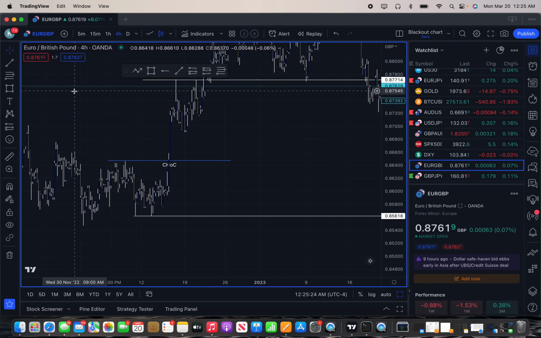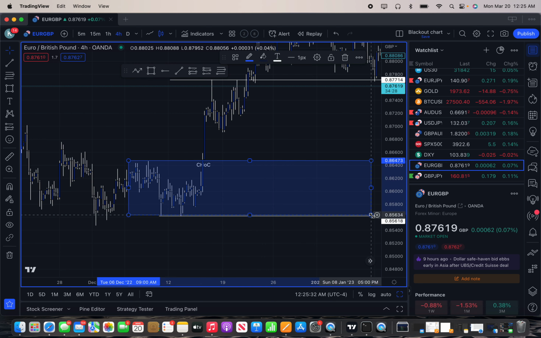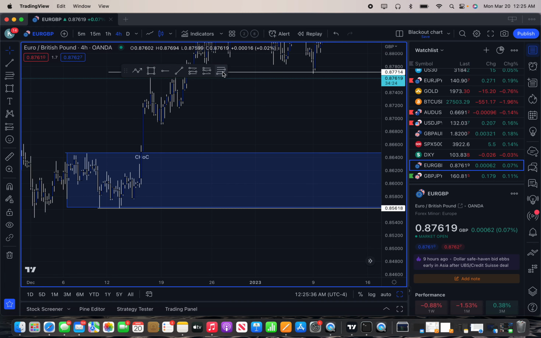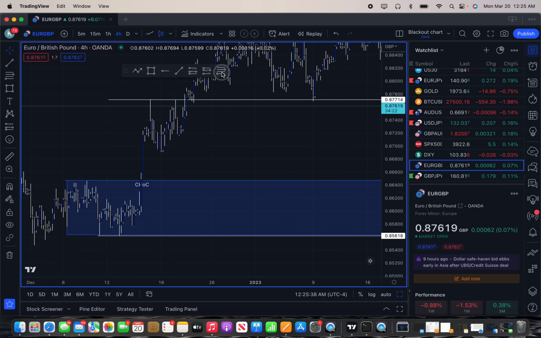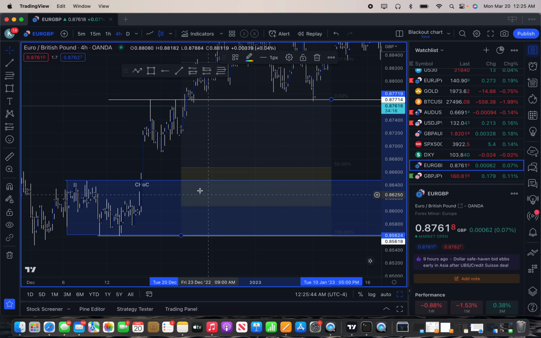So this was the last high before price broke this high, which means this entire area is our demand zone. Now, to make sure it falls within the 50%, we would come to our low and our new high and make sure it falls at least within this yellow area, which is from 50% down.